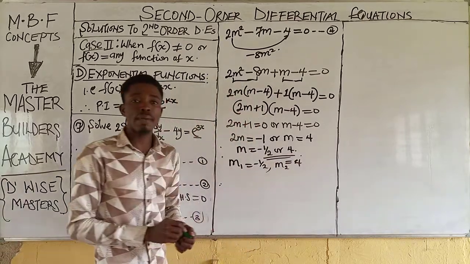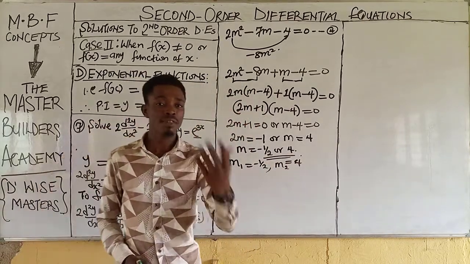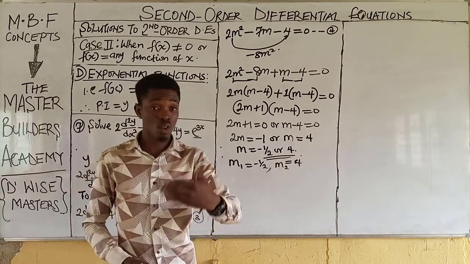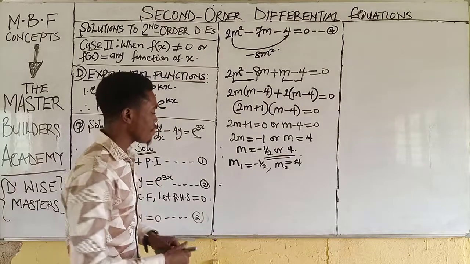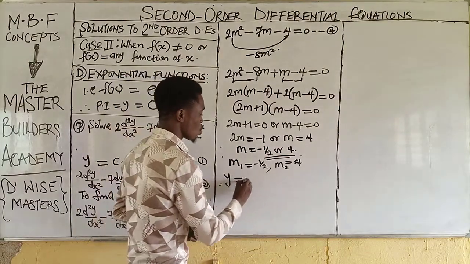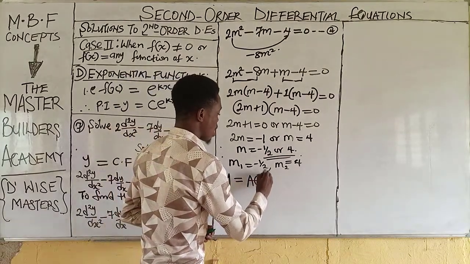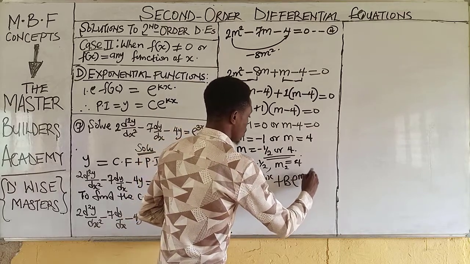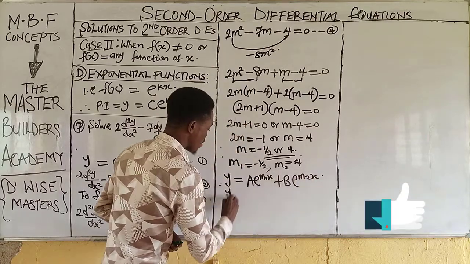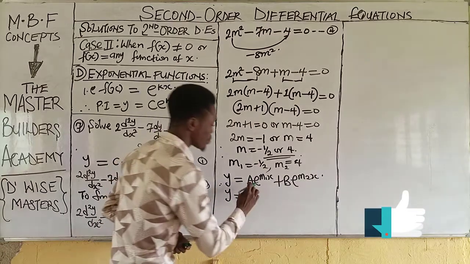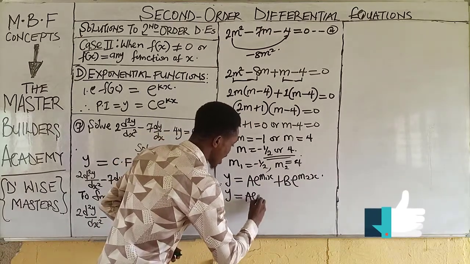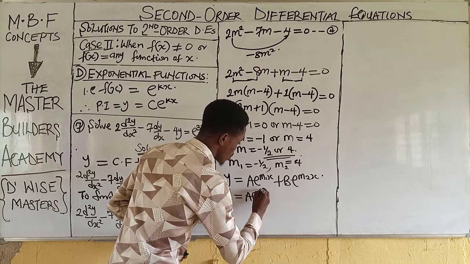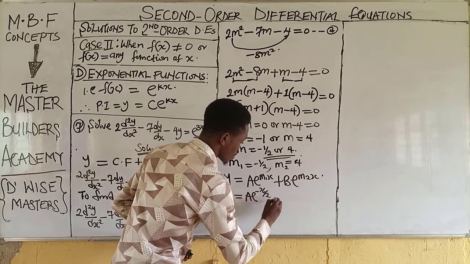So now, anytime you have real and different roots, what is the general solution to that second order differential equation? We have that y = a e^(m1 x) + b e^(m2 x). Of course, we have that y is equivalent to a e^(m1 x), with m1 being -1/2, which gives us a e^(-x/2).